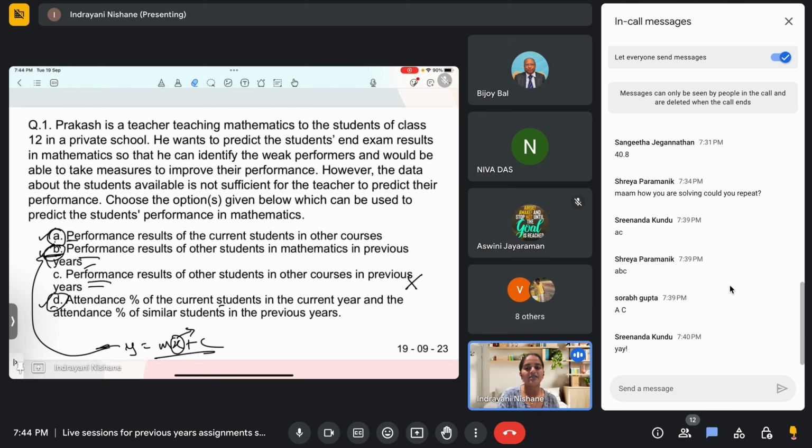How they are performing in science, physics, chemistry, or English literature will not directly help us in predicting their performance this year in the maths subject particularly. So only option C can't be used successfully to predict students' performance. But the rest of the variables, we can use in predicting students' performance.